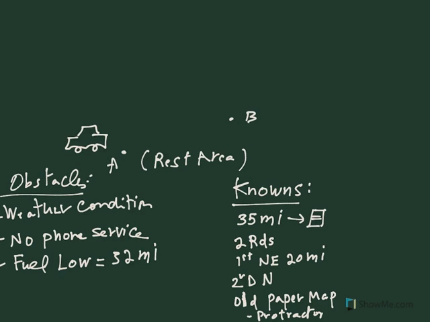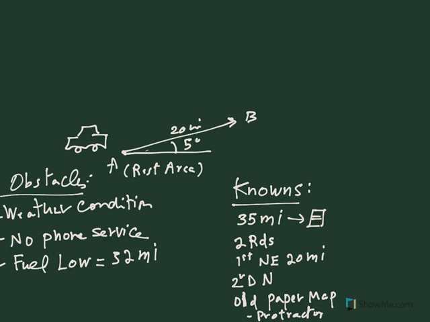After measuring, the angle that he determined is a 5-degree angle. So you draw that, a 5-degree angle after using the old map and the protractor. So that's 20 miles.